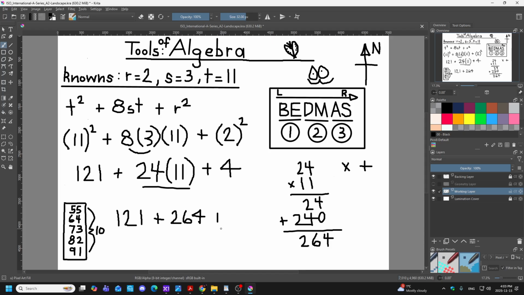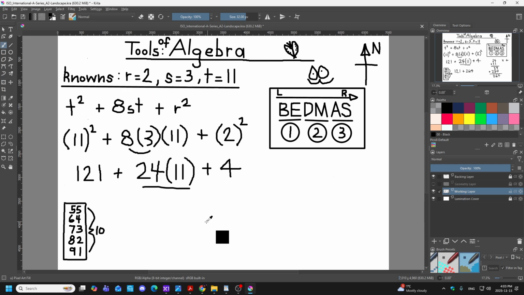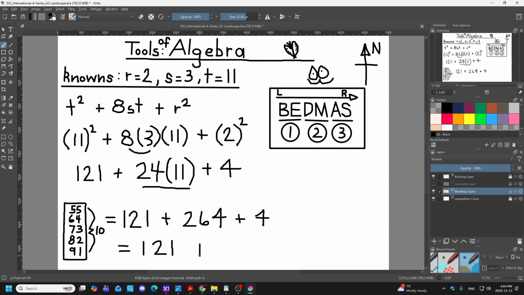Actually, I could go 268, but I'll show the work. 121 plus 264 plus 4 leaves me with 121 plus 268. All right, I cleaned that up so I could have room to do this.